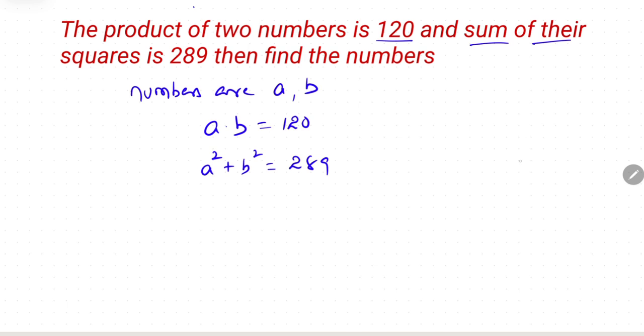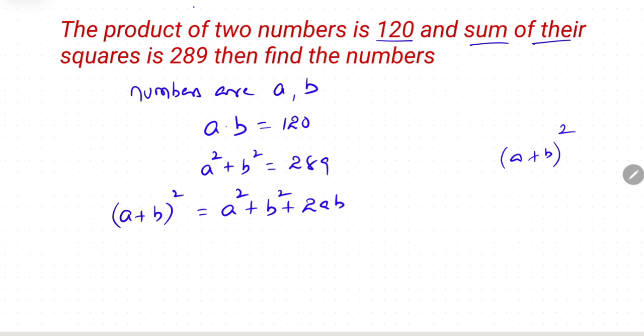Now here we should get a plus b. How can we get a plus b? By writing a plus b whole square. What is the formula? a square plus b square plus 2ab.